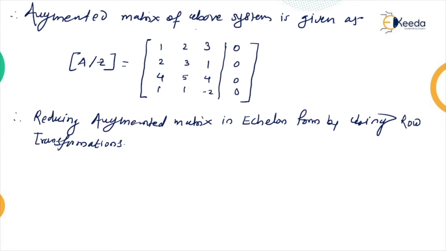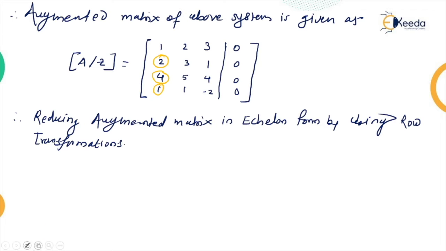You should make every element below each leading element 0. So we have to make the 2 a 0, the 4 a 0, and the 1 also 0.